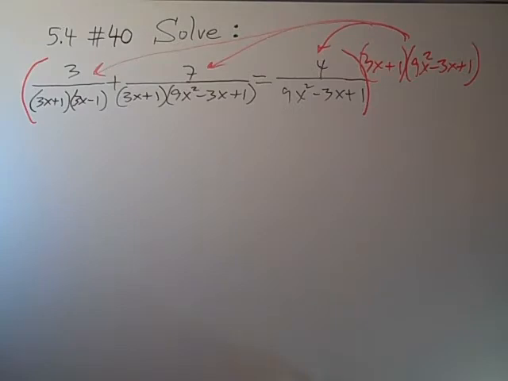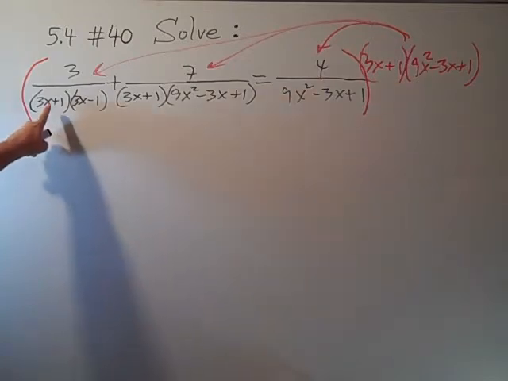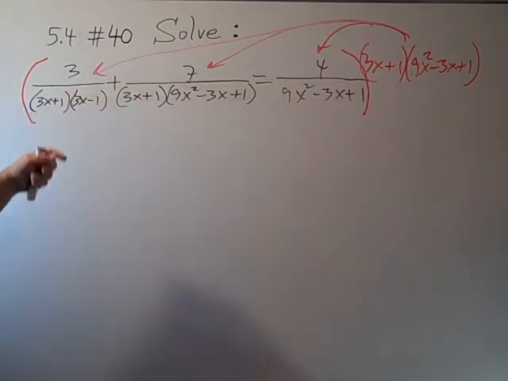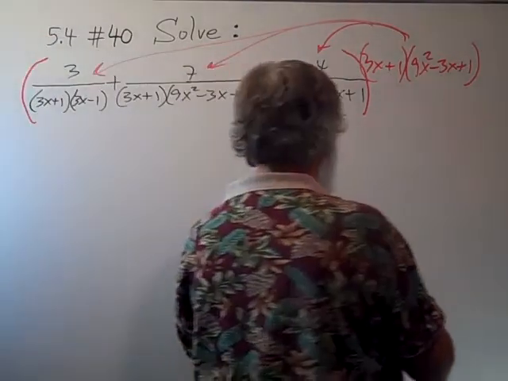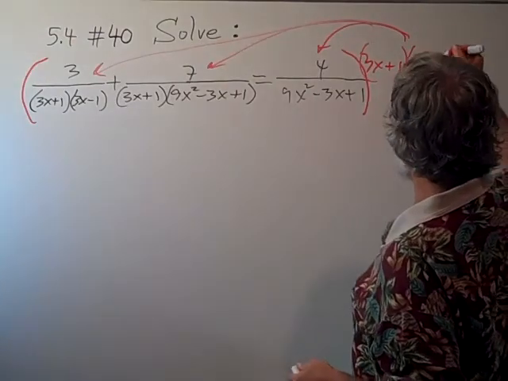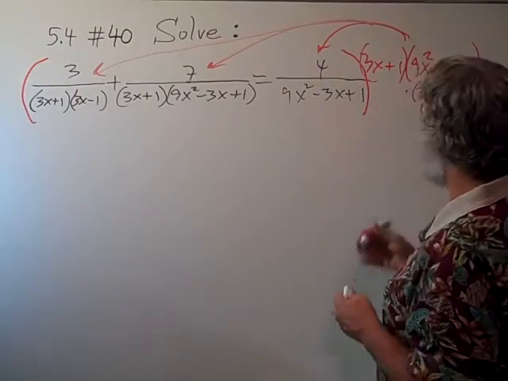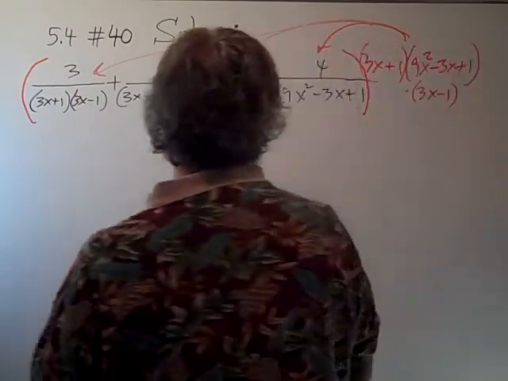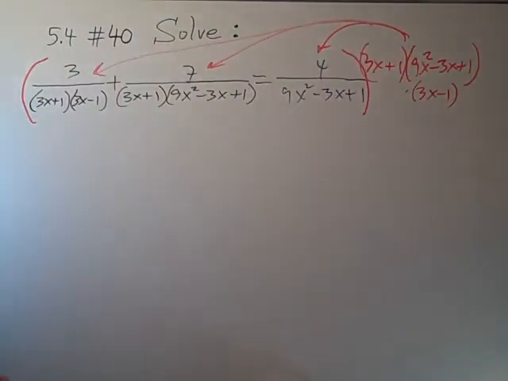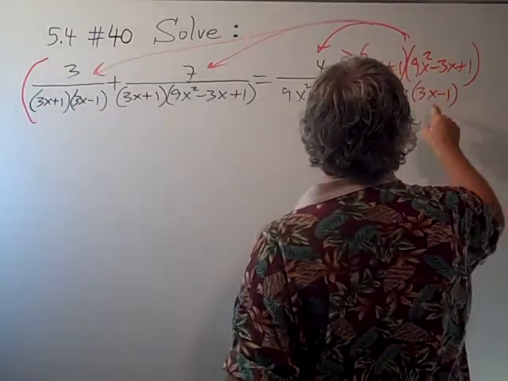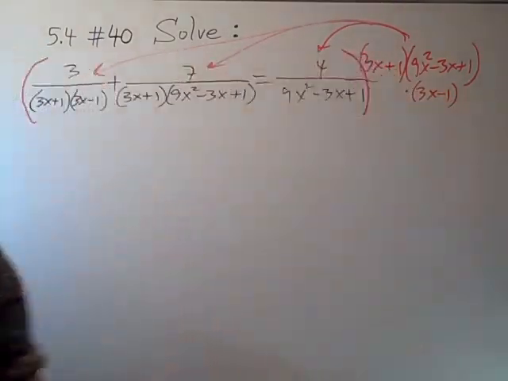It's actually being multiplied times both sides of the equation, and it distributes then to each term in the entire equation. So coming to the far left here, the 3x plus 1 cancels out. Oh, you know what? We need another factor, 3x minus 1, times 3x minus 1, because we need to cancel the 3x minus 1 as well. So it's times this product of these three factors.